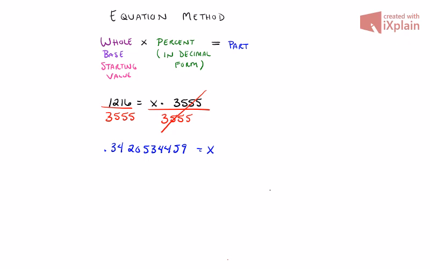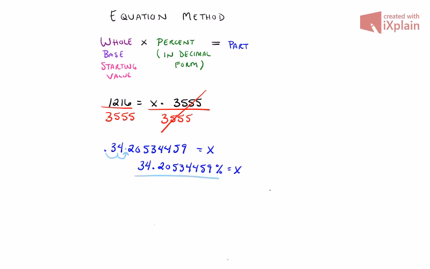Because I know that x is a percent, I want to write this as a percentage. At this point, that would be 34.205344459% is equal to x. I apologize for jumping the gun, but hopefully you remember that if we want to convert a decimal into a percent, we need to send that decimal point back 2 spaces.